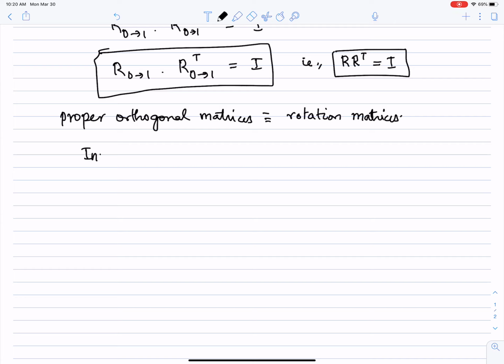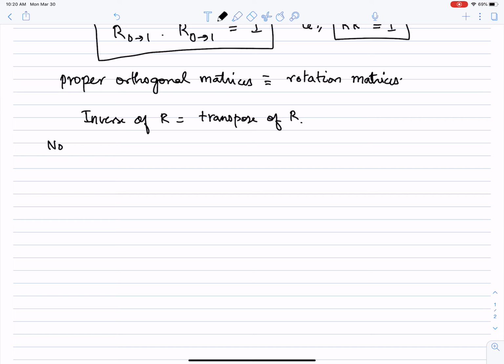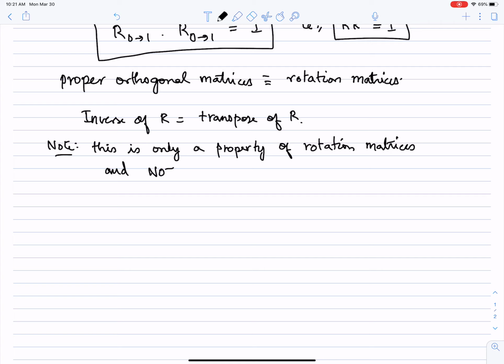Inverse of R equals transpose of R. Of course, note this is only a property of rotation matrices. This, of course, you know very well, and not 3 by 3 matrices in general.